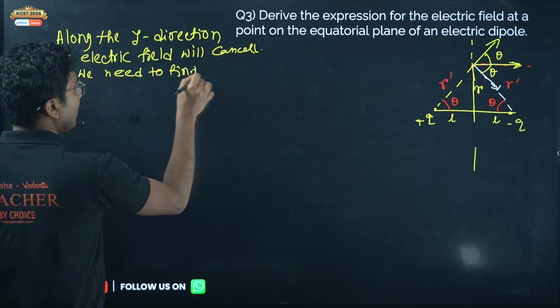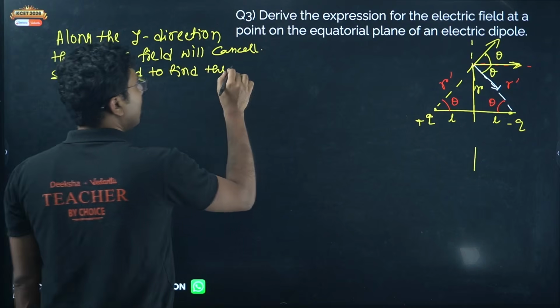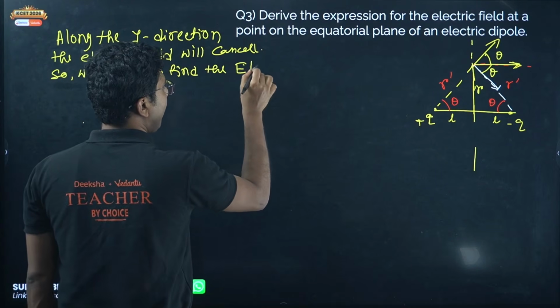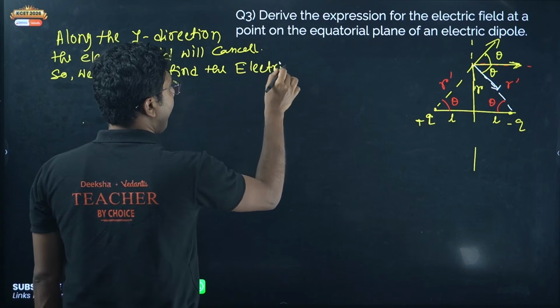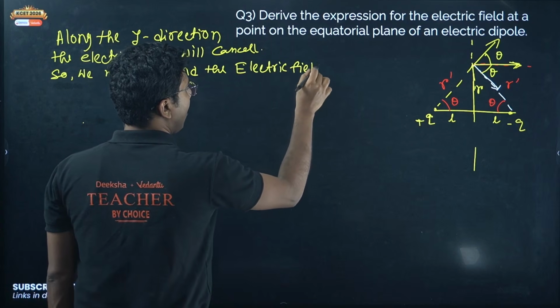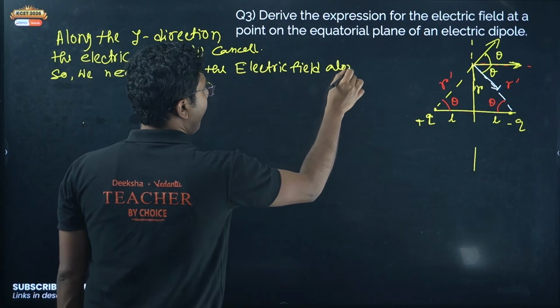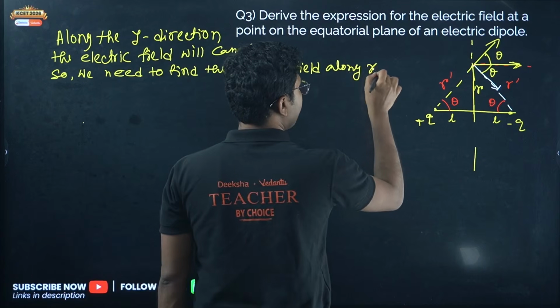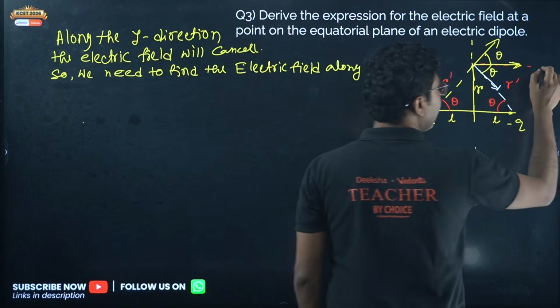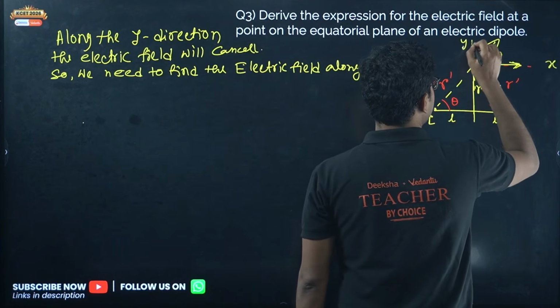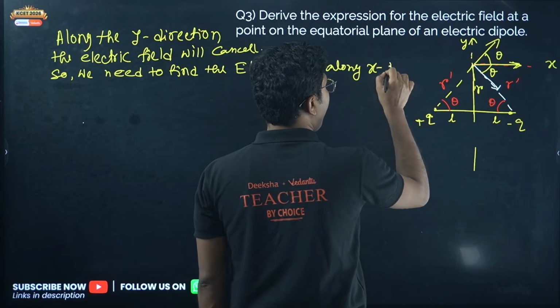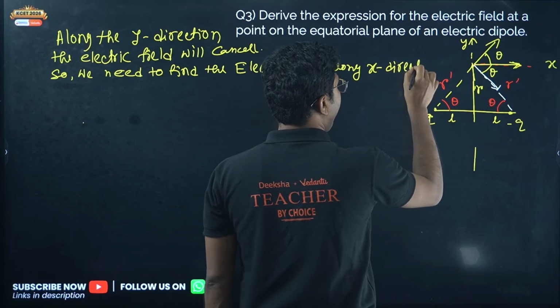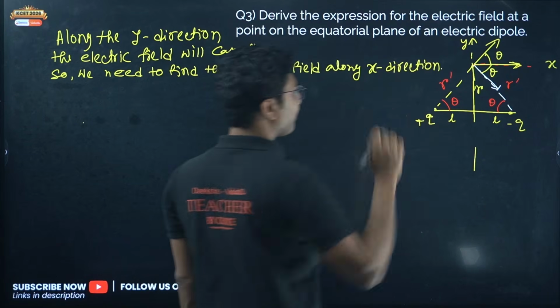Find the electric field along x direction. So this is x direction, this is y direction, right? Or x axis also you can mention.